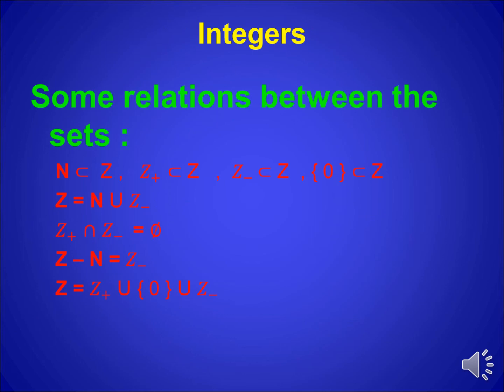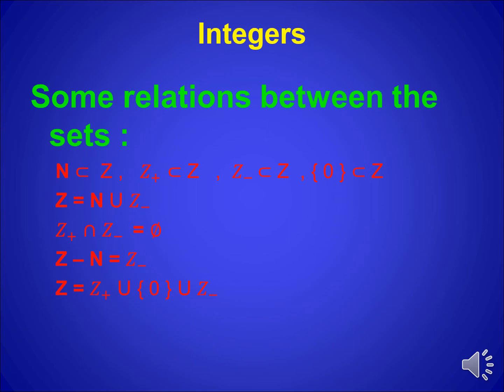Okay, now I have the important relation between the sets. N is a subset of Z. N, the natural numbers, is a subset of the integers. All the natural numbers are in the integers.